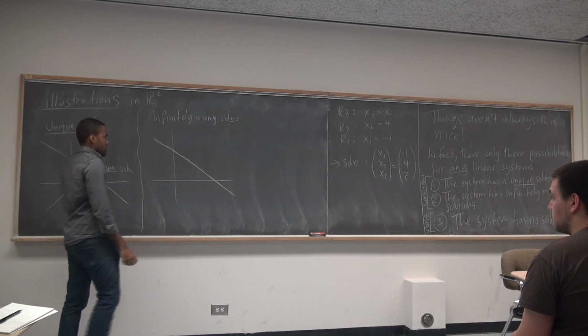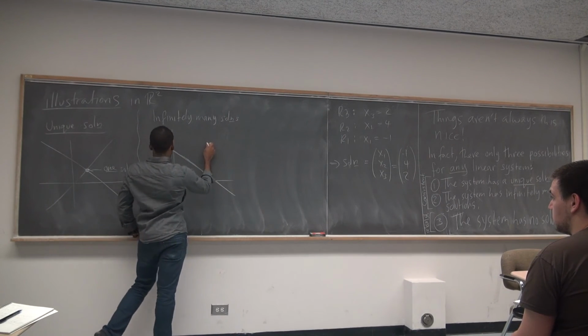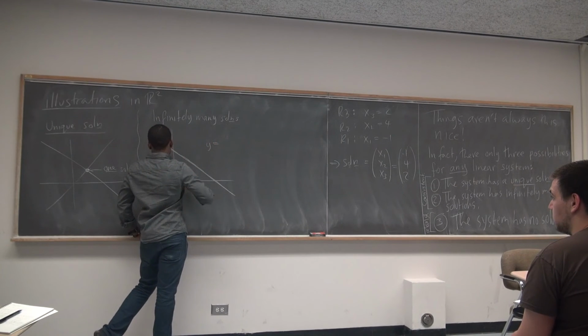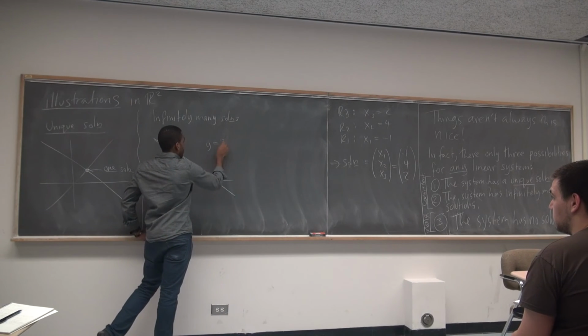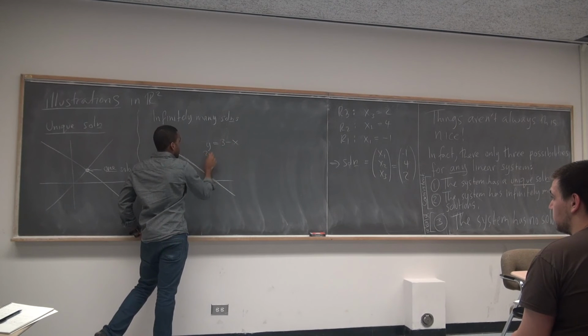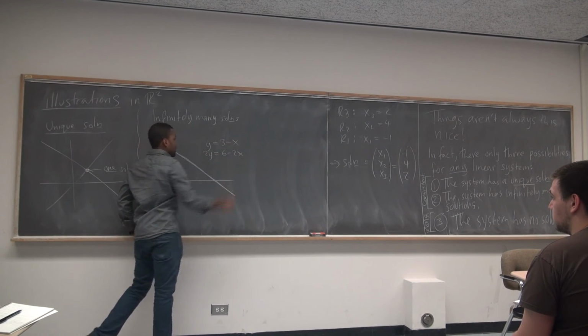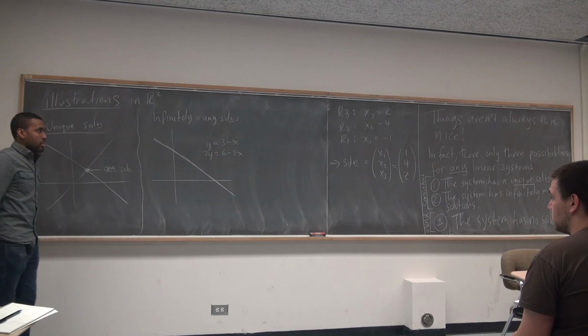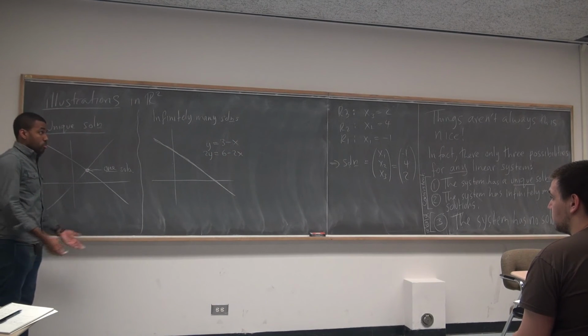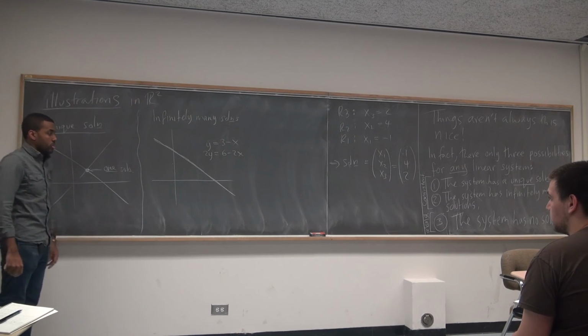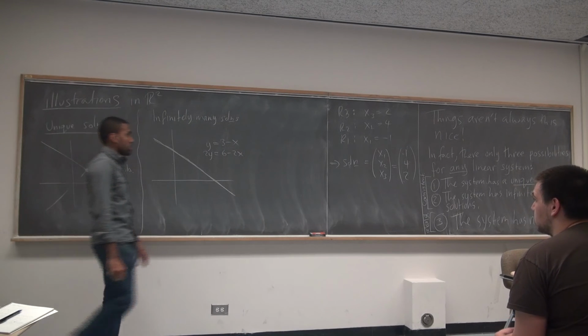Like you have the line y equals 3 minus x, and then you have 2y equals 6 minus 2x, right? They're really the same line. One is just a multiple of the other. Pretty much every point on one will be a solution for the other. This gives you infinitely many solutions.